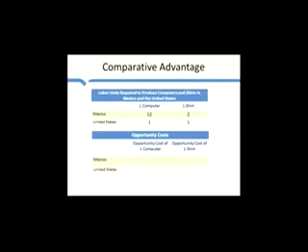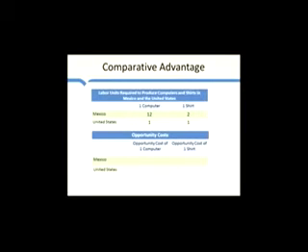Now, let's begin with an easy case. What's the opportunity cost of one computer in the United States? In other words, to produce an additional computer in the United States, what would we have to give up? Well, in order to get that additional computer, we'd have to take labor from shirt production and move it into computer production.